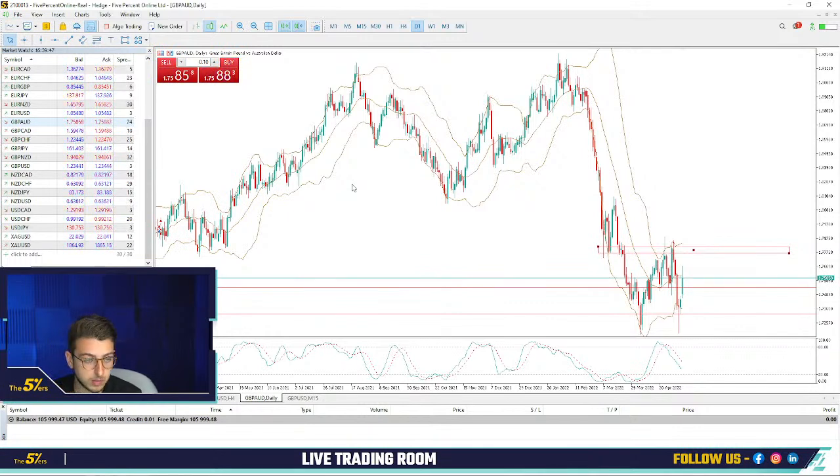In the bootcamp as well, it's going to be 0.5% maximum. It will range between 0.3% and 0.5%. It depends how confident I am with the trade. If I'm very confident with the trades and the risk reward is high, I would go for 0.5.